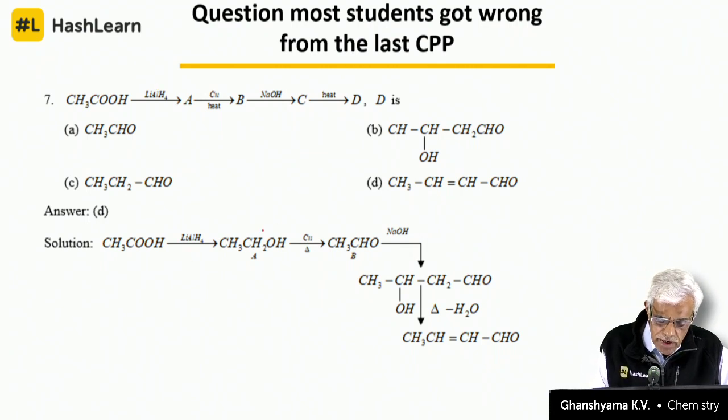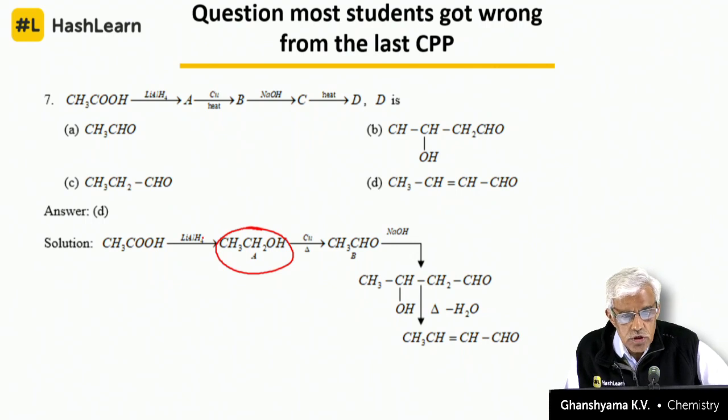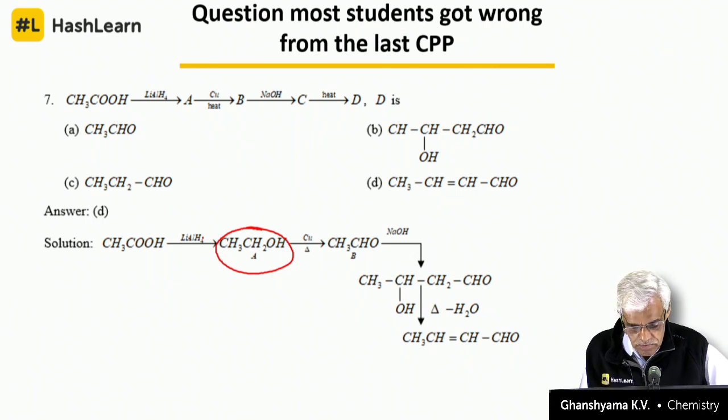Acetic acid with lithium aluminium hydride, you already know, the acid is reduced to a primary alcohol.